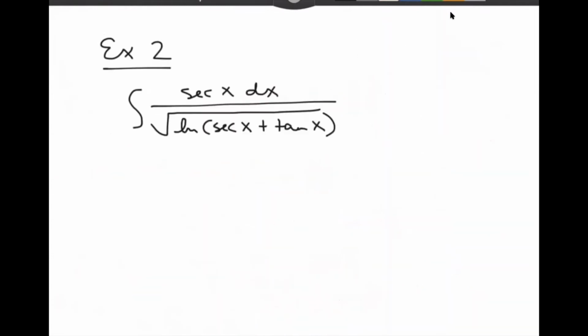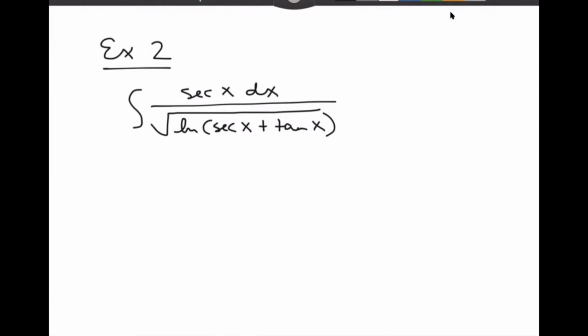All right, next example. The integral of secant x over the square root of the natural log of secant x plus tangent x. I will admit that this problem would be a much bigger challenge if I hadn't shown you where that integration formula for secant u du comes from.